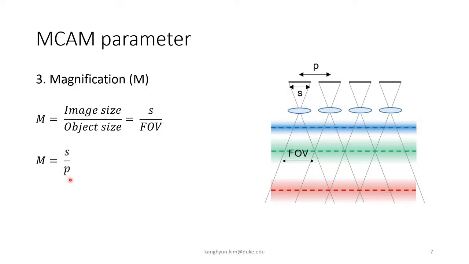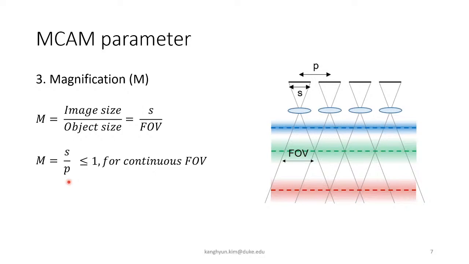And if one wants to have a continuous field of view with the microcamera array, the magnification should be less than or equal to 1, as the sensor size and the inter-camera spacing of each camera should be the same.